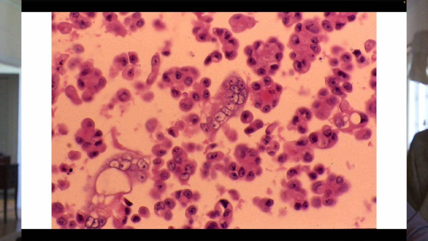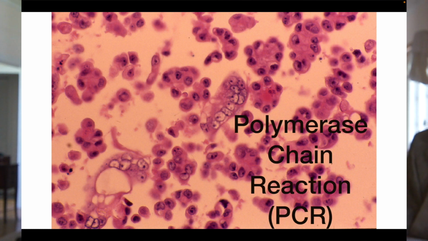The first photograph is that of the positive culture from the chronic fatigue syndrome patient. These are stained cells, and they show the marked cell damage that can occur. But it was possible then to use the polymerase chain reaction to amplify portions of the viral genome.